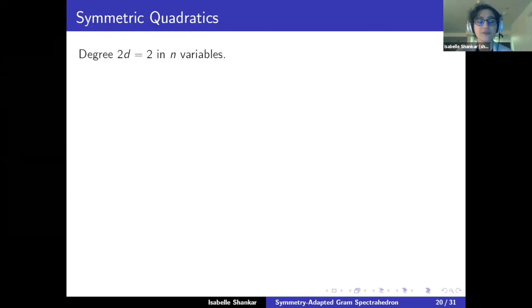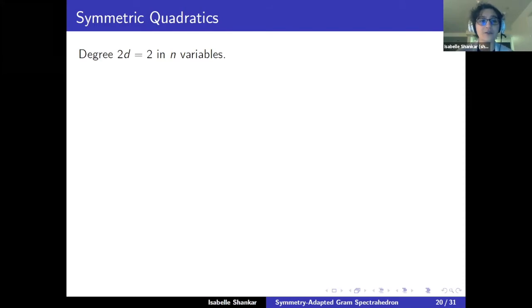We were able to study these for particular cases, but we weren't able to quite get past that, because for each choice of 2D, the degree of the polynomial you start with, and number of variables, you get a different symmetry adapted PSD cone. So we looked at particular cases, starting with symmetric quadratics.